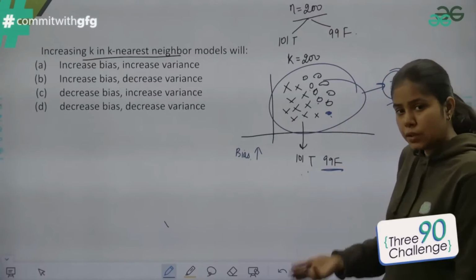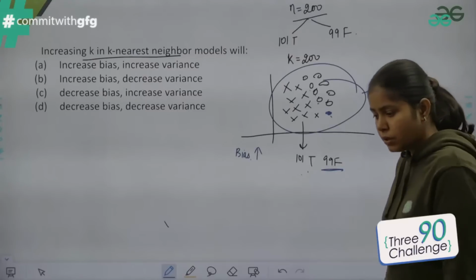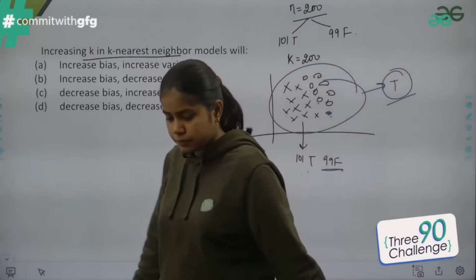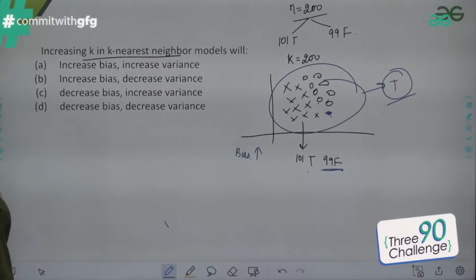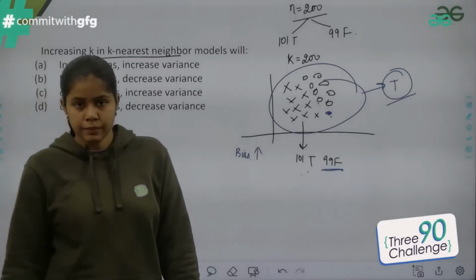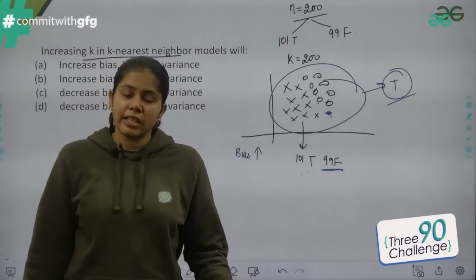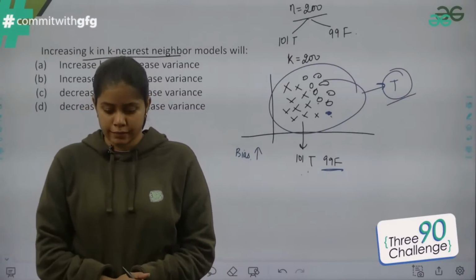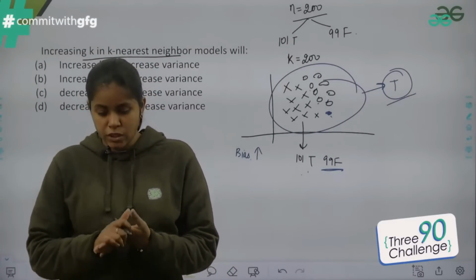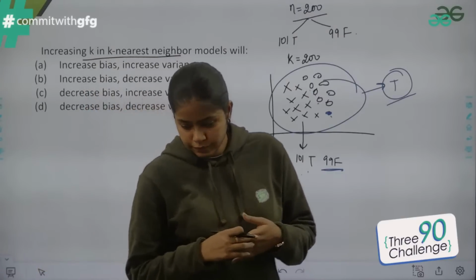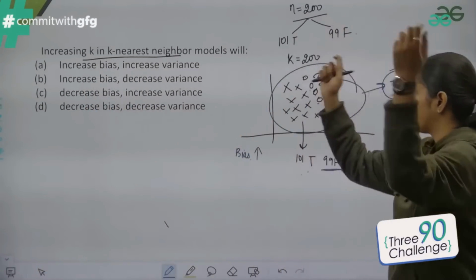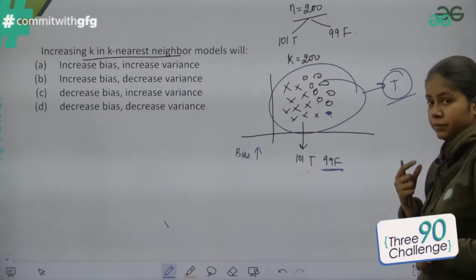If I take any new instance as well, it would provide me a true value. If I talk about testing error, there is also an error in testing, right? So it would increase bias and increase variance, because our testing error and training error both get increased. So I hope it gets clear.